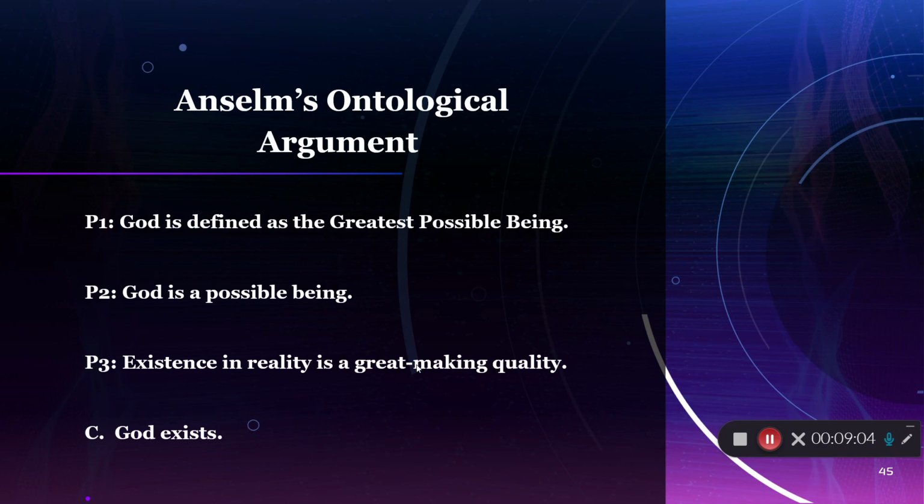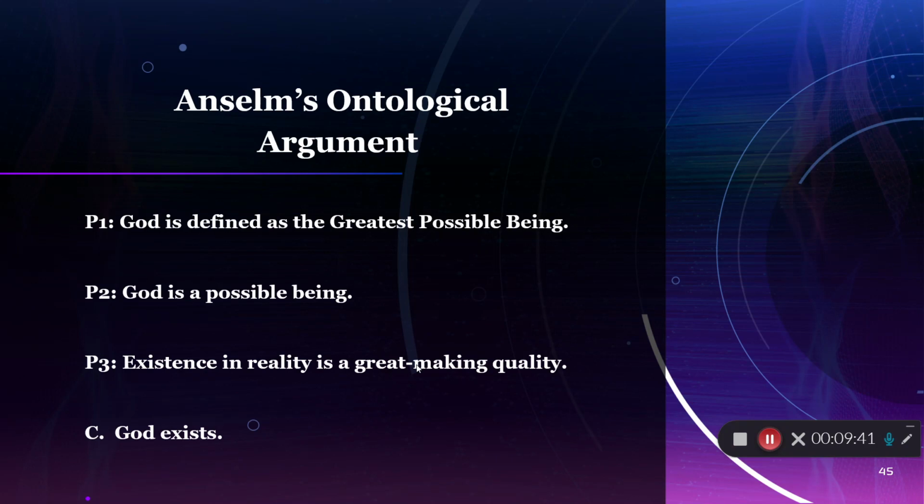Well, look, if existence and reality is a great-making quality, that is to say, if something is greater if it exists in reality than if it merely exists in the understanding, and if God has all of the great-making qualities, then God must by necessity have that quality or property. Therefore, God exists. Unless, of course, he's not a possible being, but premise 2 says he is.